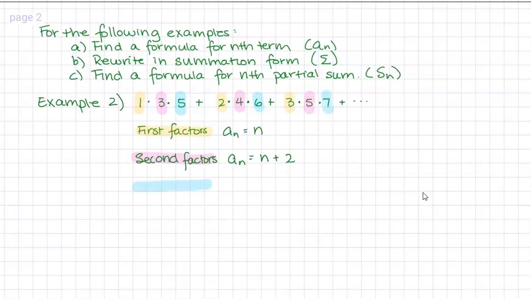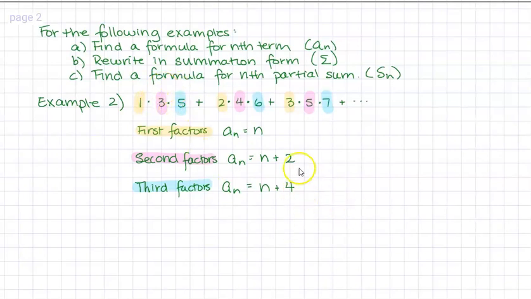So our third factors, a sub n equals n plus 3. Nope. N plus 4. Again, we're just going up by 1 each time. 5, 6, 7. So d is 1. The slope is 1. But what comes right before 5?